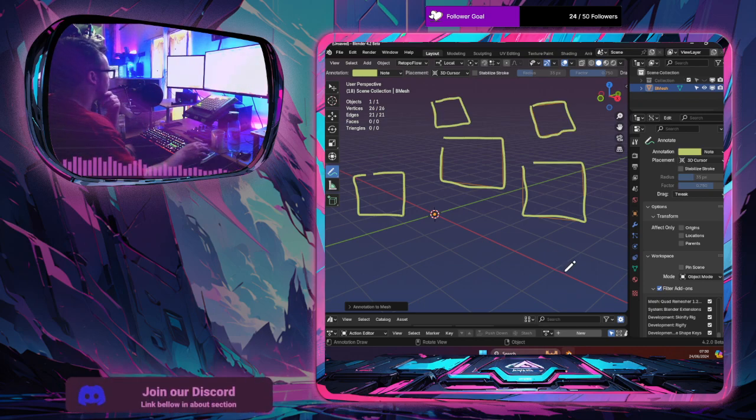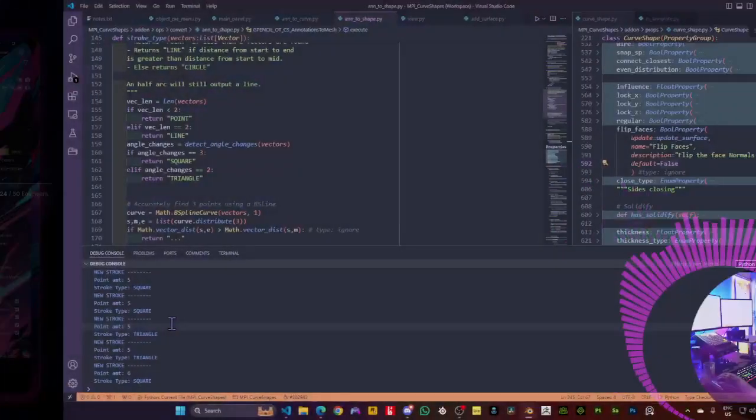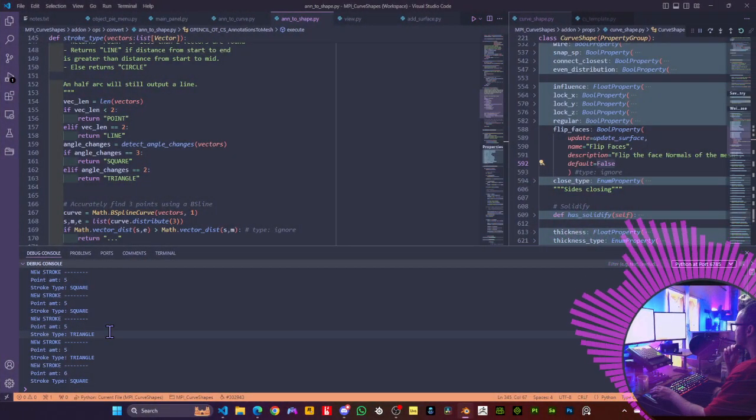Whoa, even worse. Even worse, I got triangles. How the hell do I have triangles?